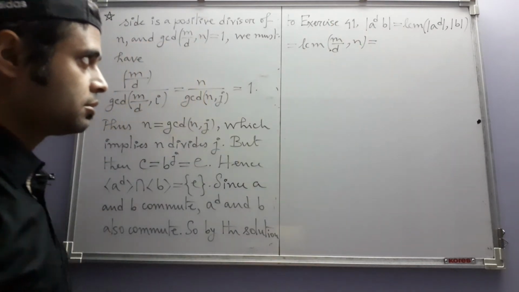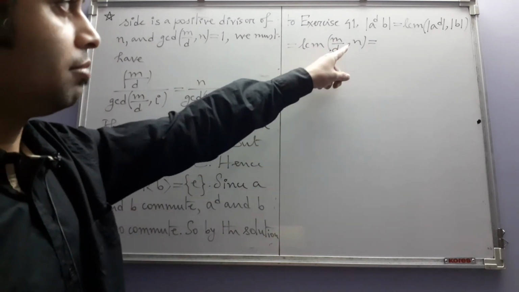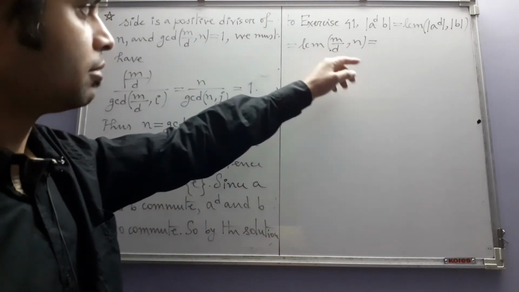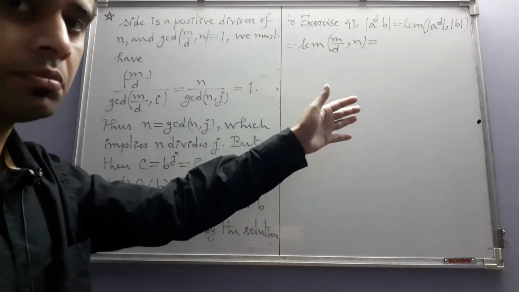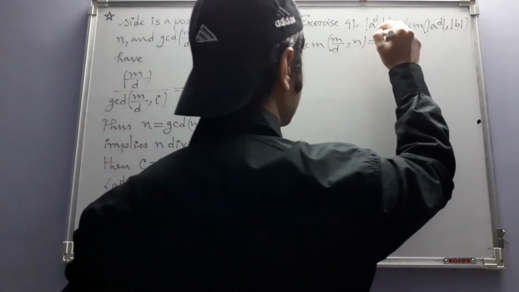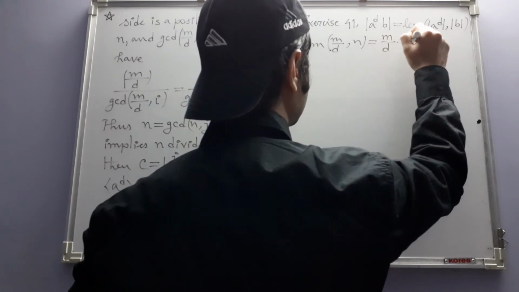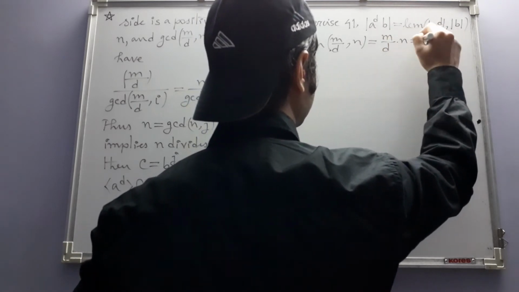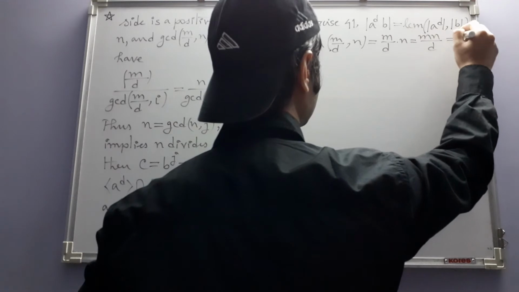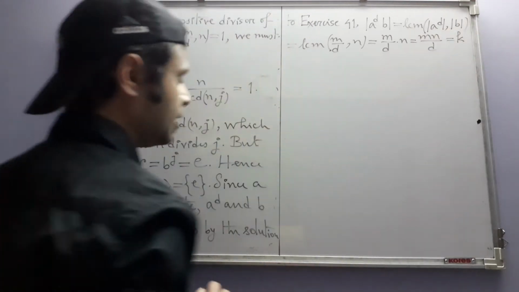Now since these two numbers m by d and n are relatively prime, the LCM is their product, m by d times n, which is mn divided by d, and that is nothing but k.